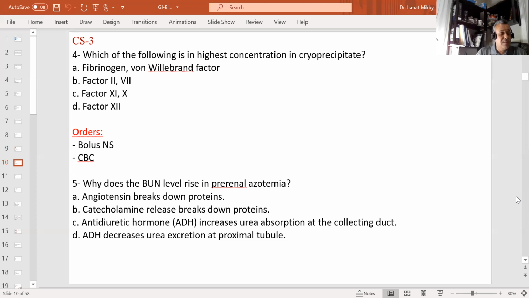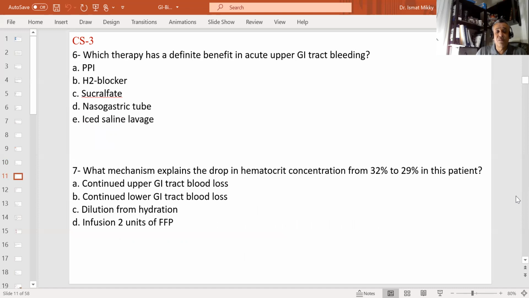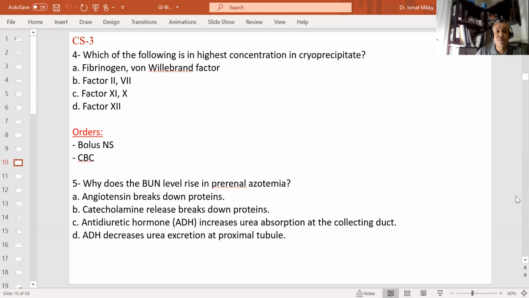So the repeat blood pressure now is 100/64, and the patient's pulse is 102. Now, why does the BUN rise in pre-renal azotemia?